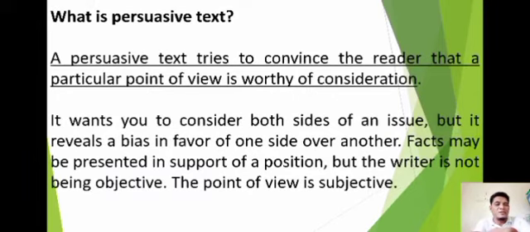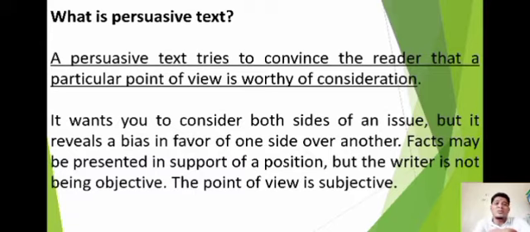What is persuasive text? So, a persuasive text tries to convince the reader that a particular point of view is worthy of consideration. It wants you to consider both sides of an issue, but it reveals a bias in favor of one over another. Facts may be presented to support a position, but the writer is not being objective. The point of view is subjective.